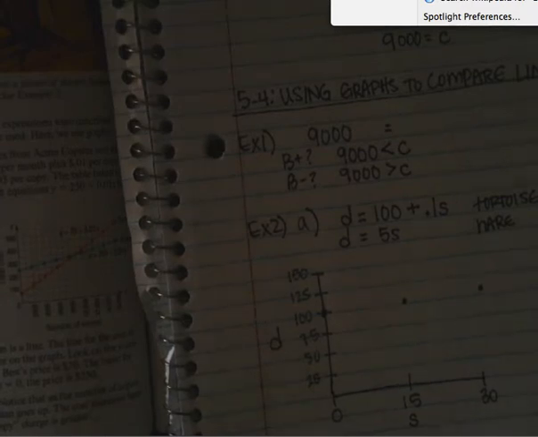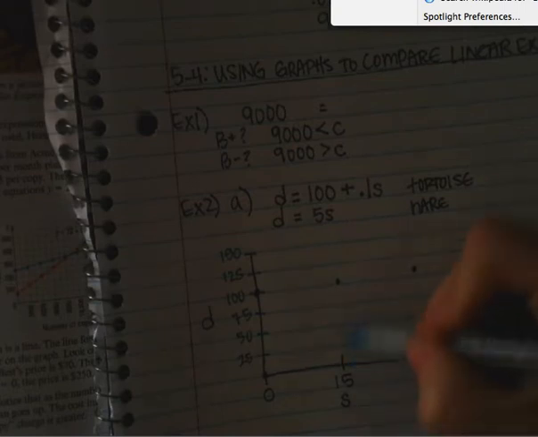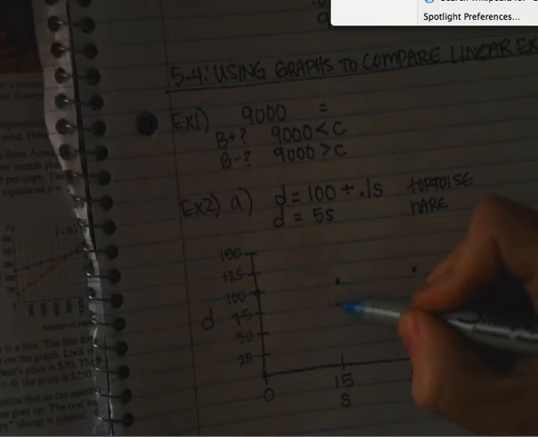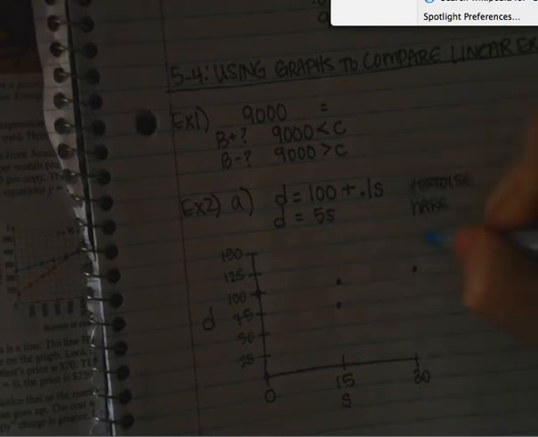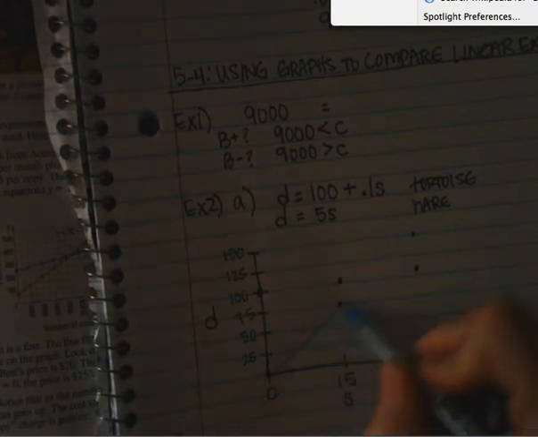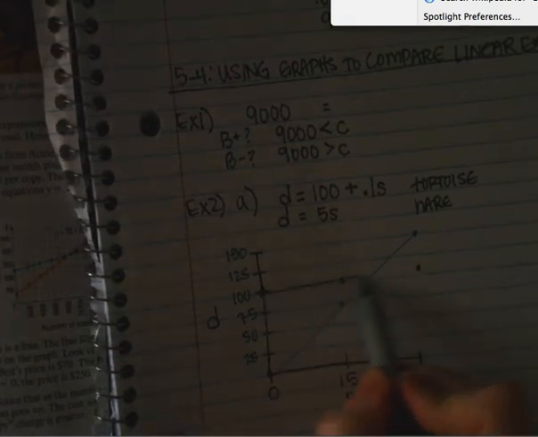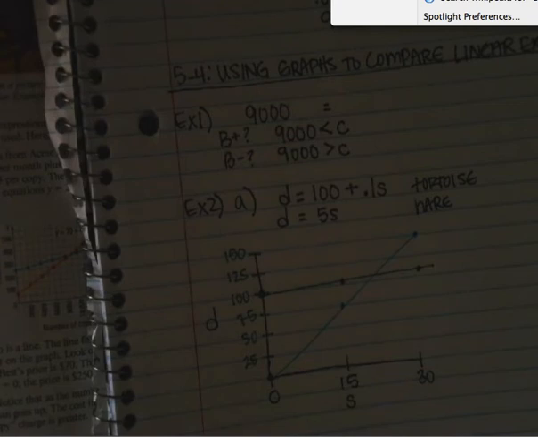Now the hare. Okay, the hare didn't get a head start, so at 0, the hare is at 0. 15 seconds, so 15 times 5 is 75. And 30 times 5 would be 150. Okay, so that was part B.